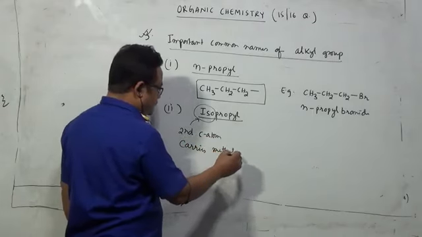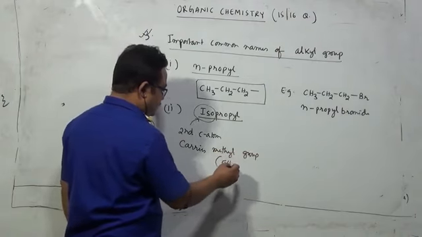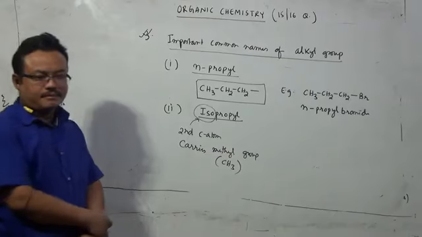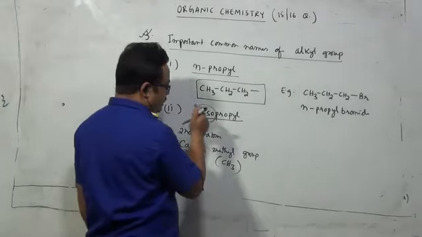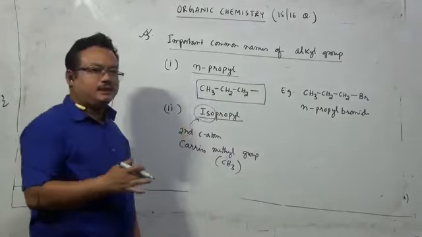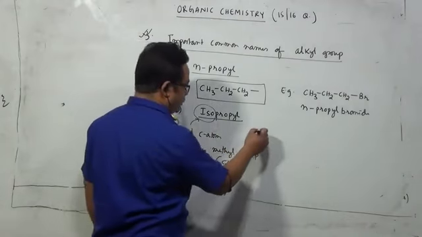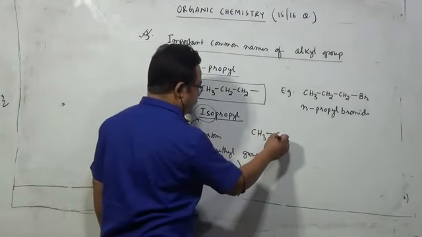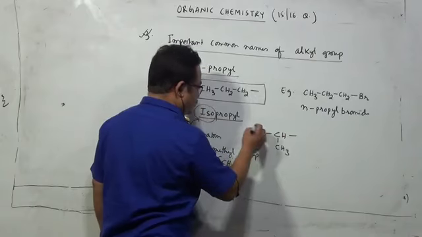Second carbon atom carries methyl group, CH3 methyl. Prop means 3 carbons, so let us write CH3 like this. Then this is the second carbon which carries the methyl group. So this is called isopropyl.